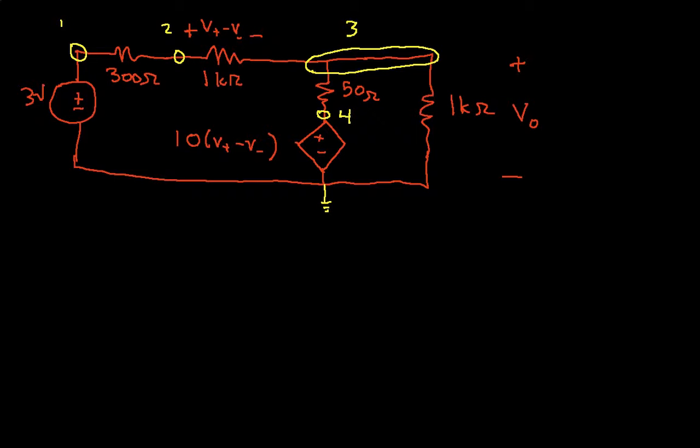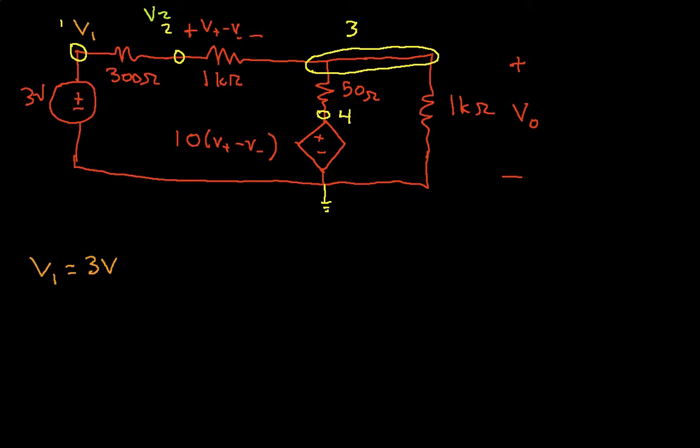Okay, so if I look at node 1, we have that node voltage 1 is simply equal to 3 volts because we have the 3 volt supply connected to node 1. That was easy enough. Okay, let's look at node 2, where we have V2.